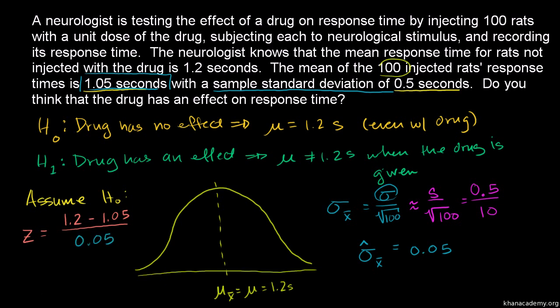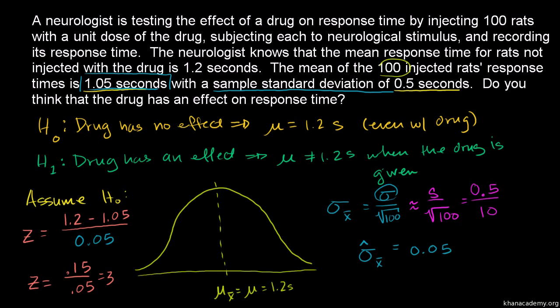And what is this going to be equal to? Z, this result right here, 1.05 seconds. 1.2 minus 1.05 is 0.15. So this is 0.15 in the numerator divided by 0.05 in the denominator. And so this is going to be 3. So this result right here is 3 standard deviations away from the mean.